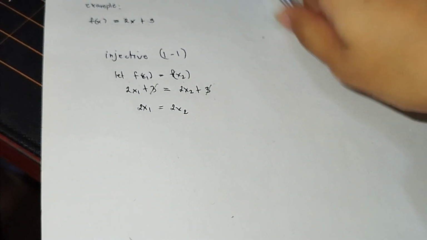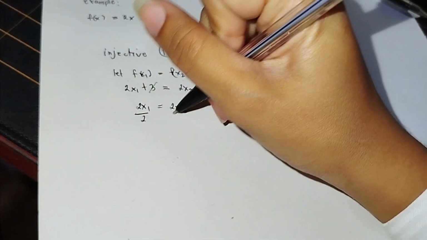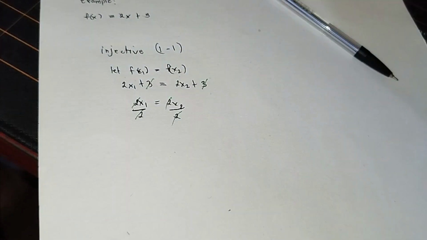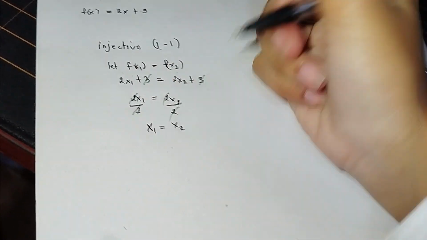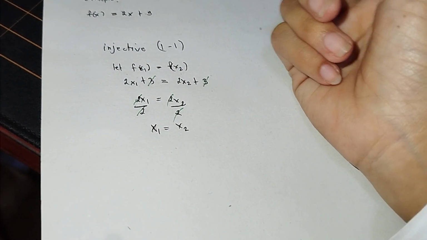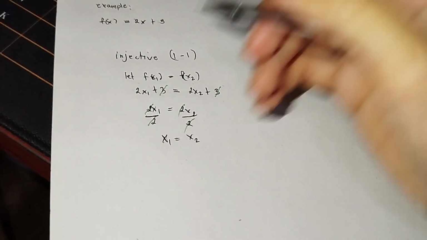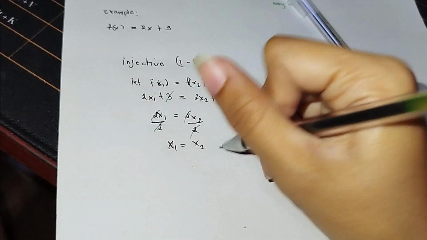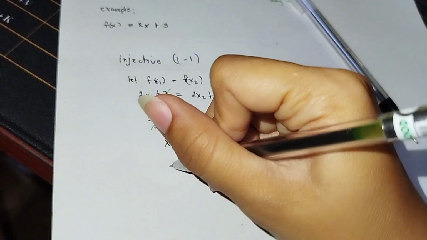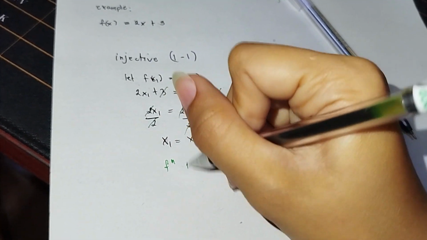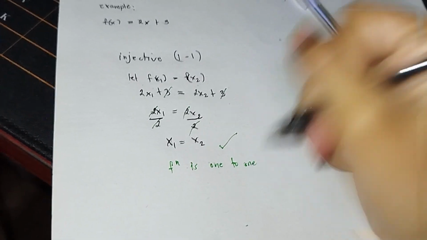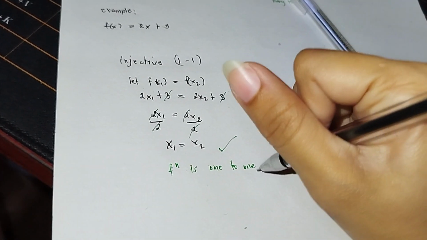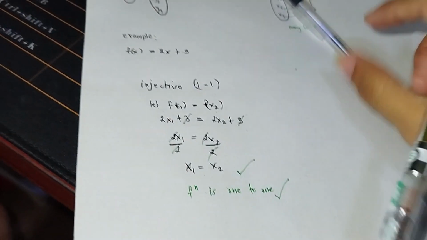What remains is x sub 1 is equal to x sub 2. Therefore, our given function is injective, or one to one. Check, it is injective.